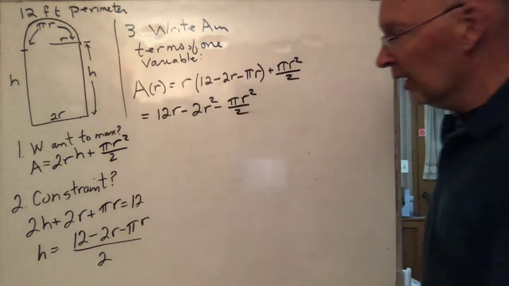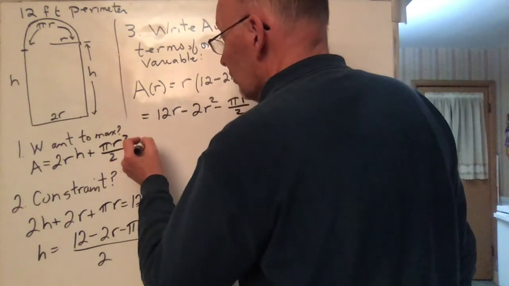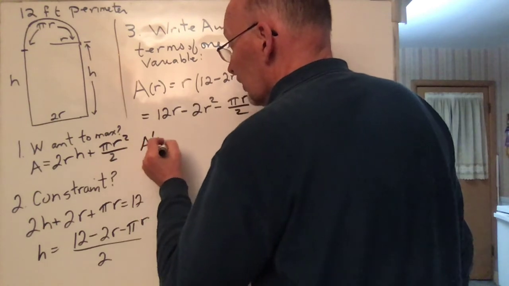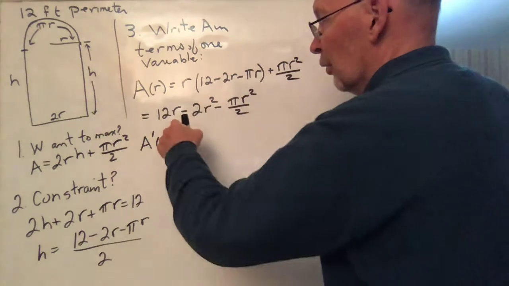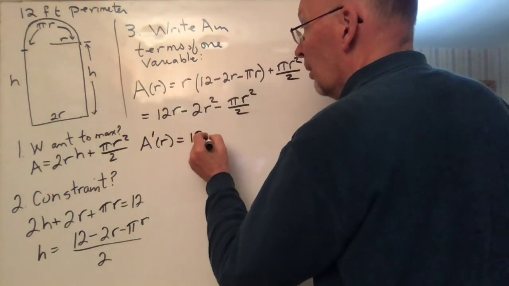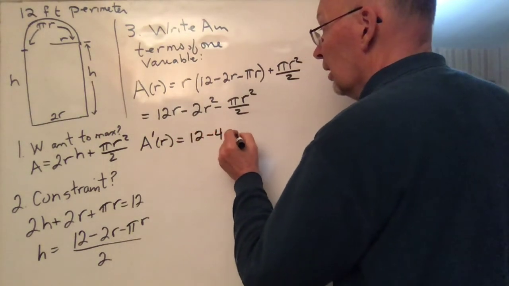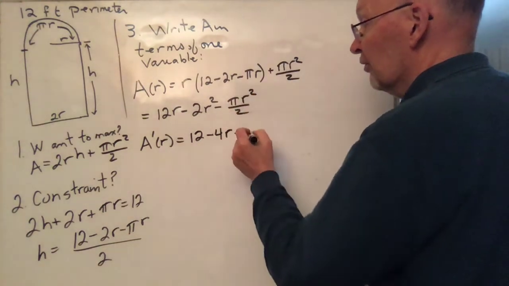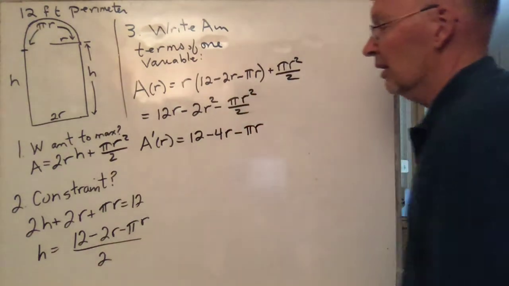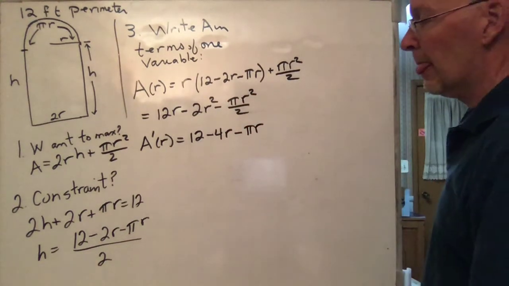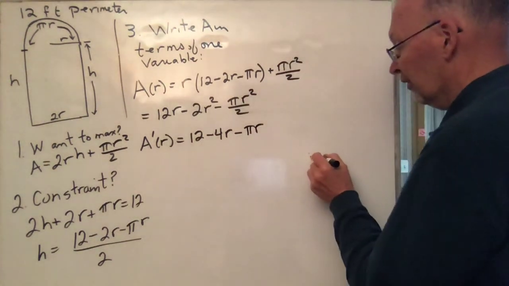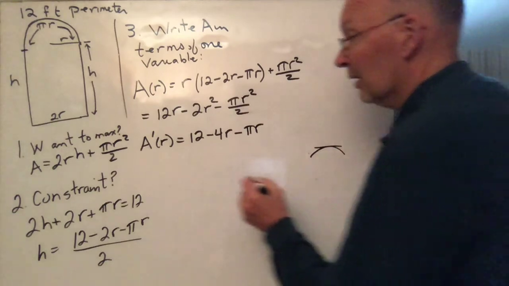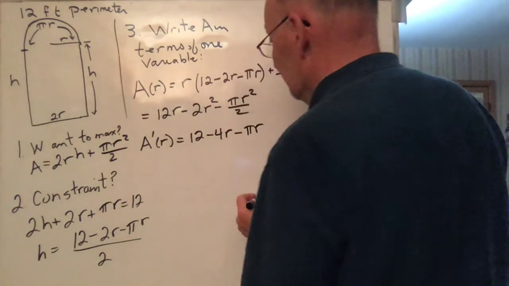So now let's go ahead and find out what the derivative is. The derivative is going to be 12 minus 4r minus, bring the 2 down, minus pi r. So there's the derivative. You set that equal to 0 because we want to know again where this thing is going to take on a maximum.